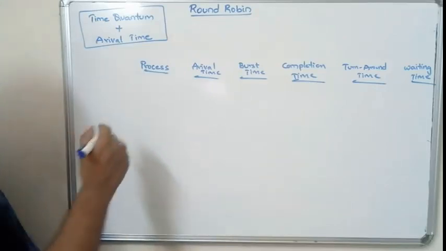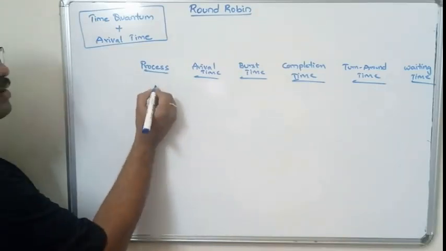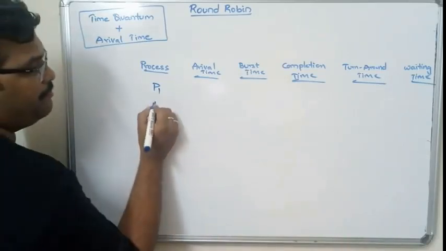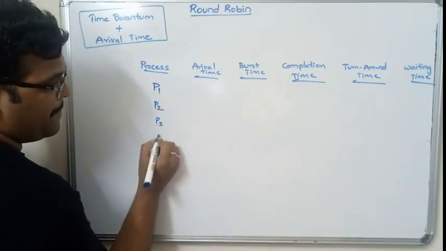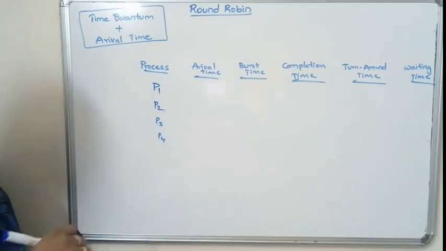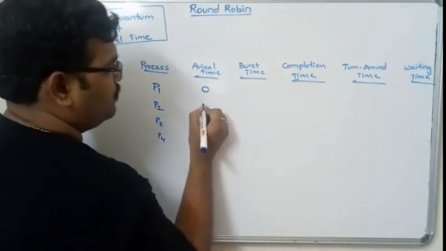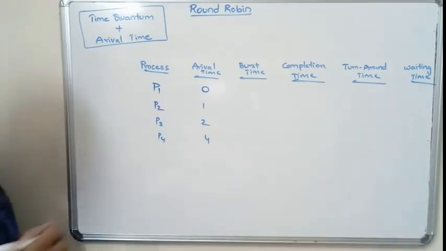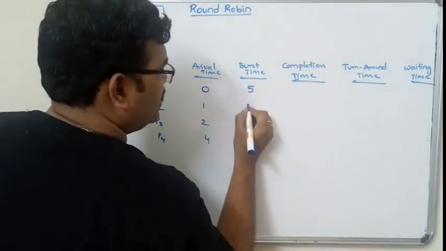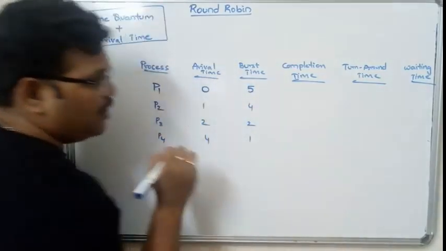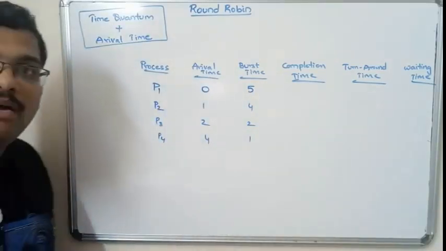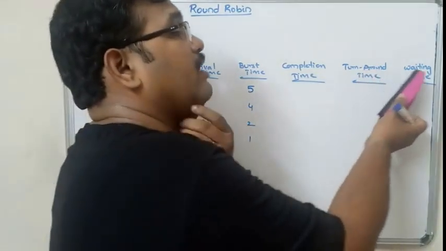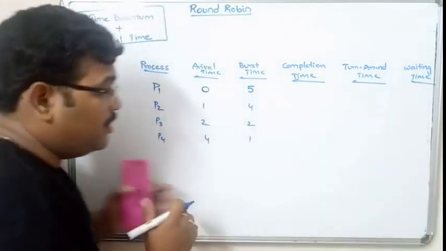Let us take an example with 4 processes, and the arrival times for these processes are 0, 1, 2, 4. The burst times are 5, 4, 2 and 1. Let us find out the completion time, turnaround time and waiting time.